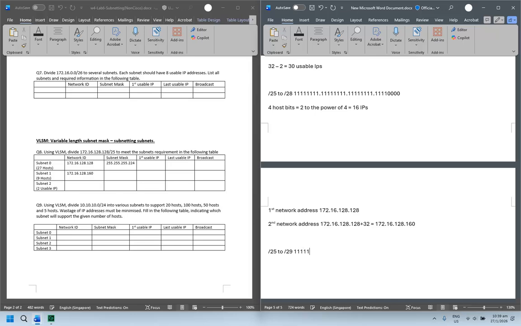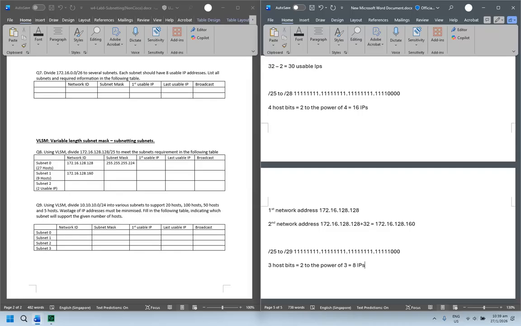1, 2, 3, 4, 5, 6, 7, 8. 24, 25, 26, 27, 28, 29. 1, 2, 3. So basically it's 3 host bits, which equals 2 to the power of 3, which equals 8 IP.